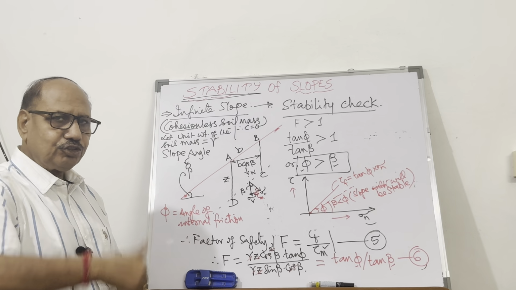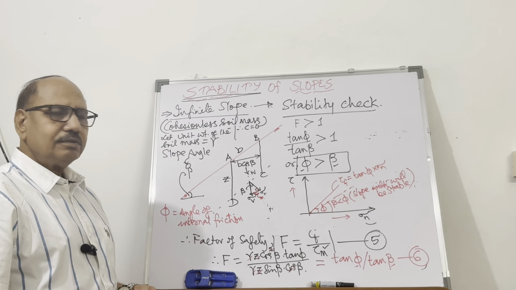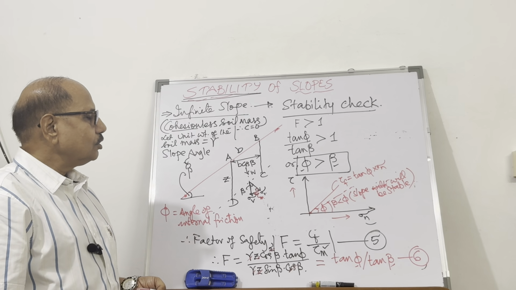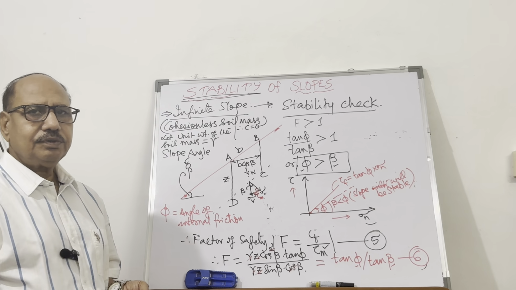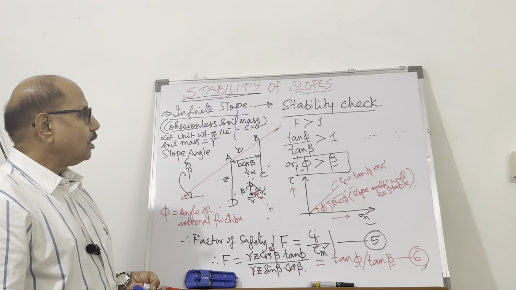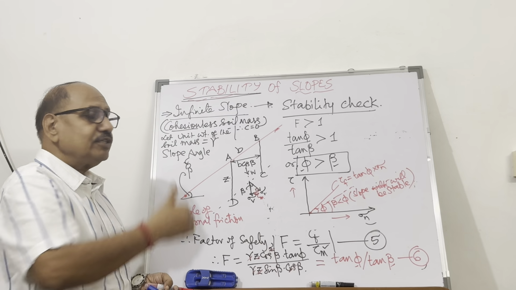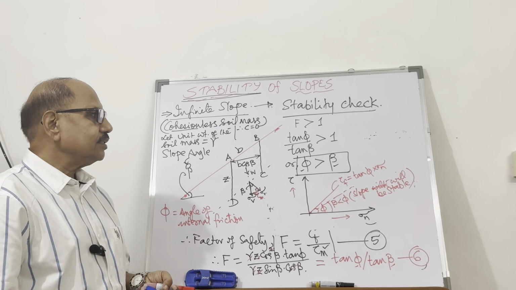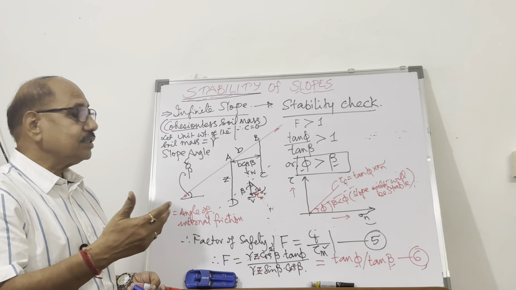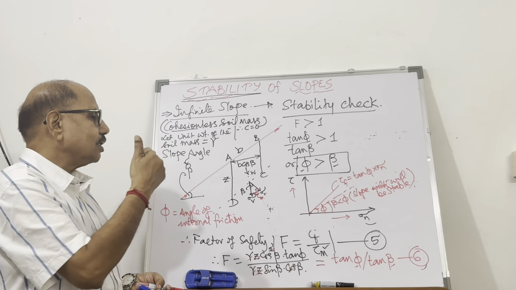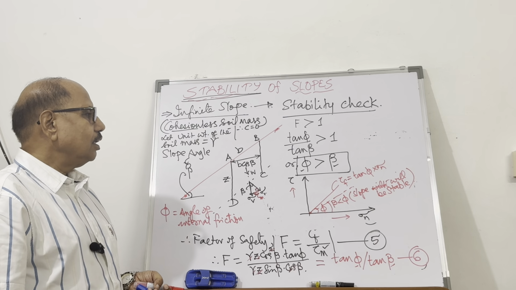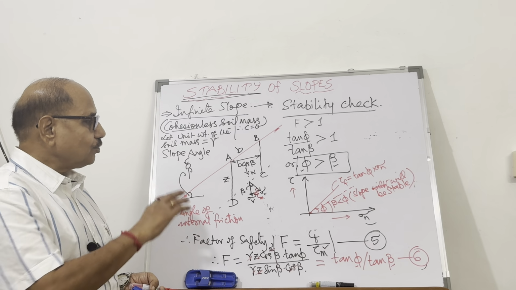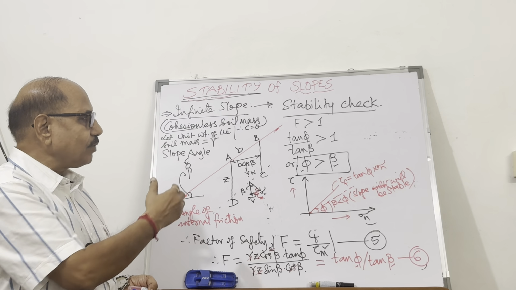Another is seepage. During rainy season, the water seeps in. So due to seepage, how it will affect the stability of the slopes, that also we will check. So all those forces we will see one by one.